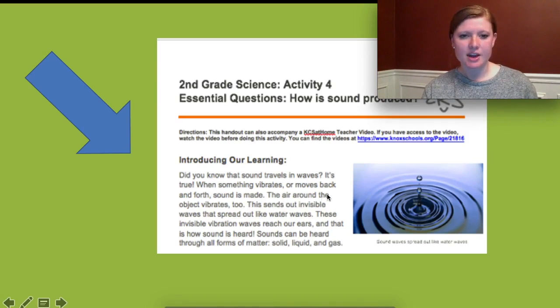The air around the object vibrates too. Okay, why is that so important? You're right. This sends out invisible waves that are going to spread out like those water waves. And those waves eventually reach our ears. And that's how we're able to hear that sound.